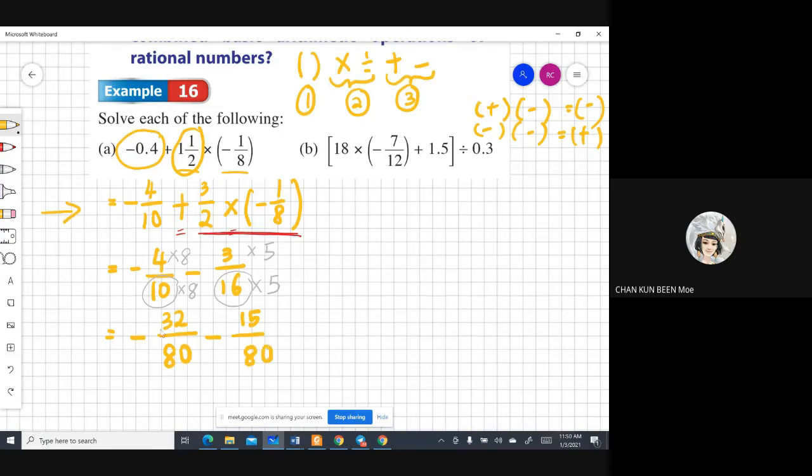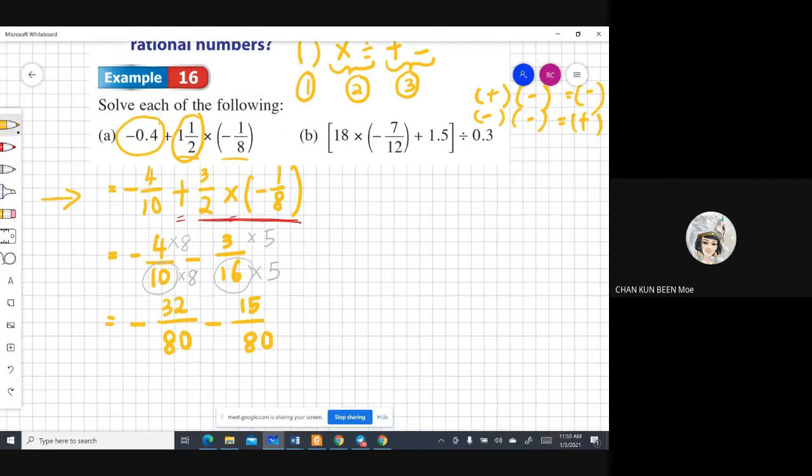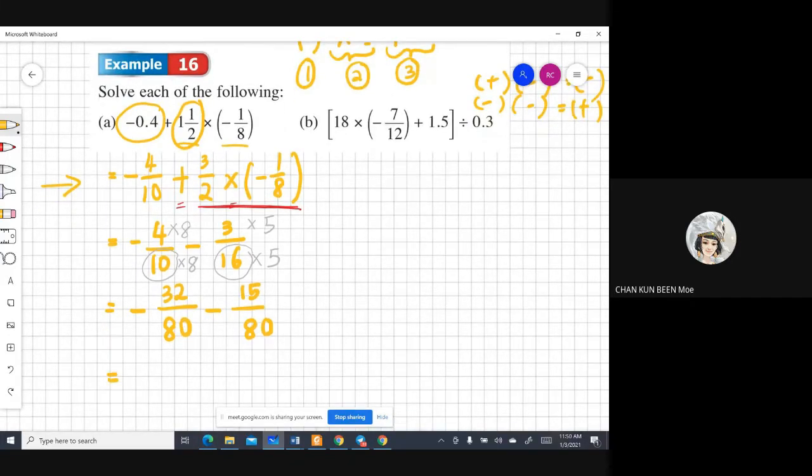Now if you look at the denominator, it's the same already, right? Then we can solve it by copying down the sign, because again, same sign. And then add the numerators. 32 plus 15 is 47. 80, you copy down. That is how we get the answer for the first one.